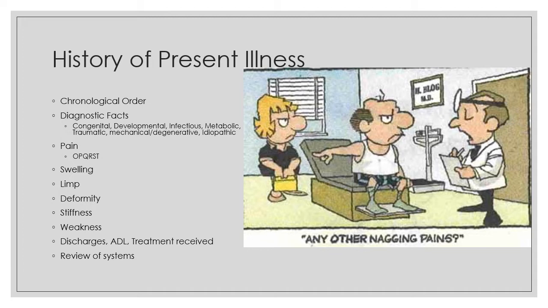If we're considering mechanical or degenerative, it's important to note if advancing age, if the pain is improved by rest, any instability or locking sensation, and if we're considering constant pain, we could consider some sort of neoplasm. And if there are no obvious complaints, usually we can attribute this to an idiopathic type of disorder.